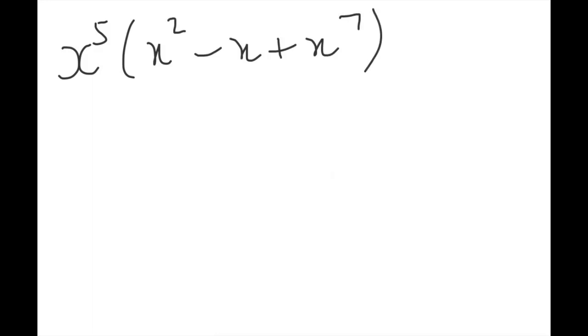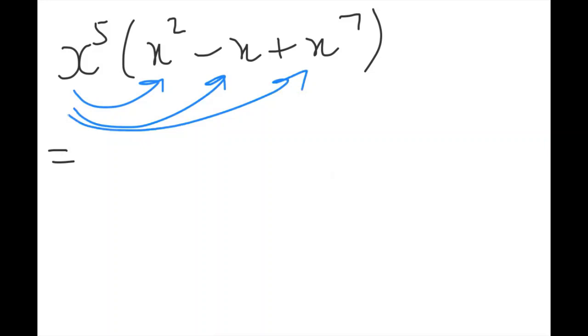Let's do another example. x^5 times (x^2 minus x plus x^7). So again, do that first, then that second, then that third. So the answer is going to be x to the power 10 minus x to the power, remember there's nothing there, there's a 1.